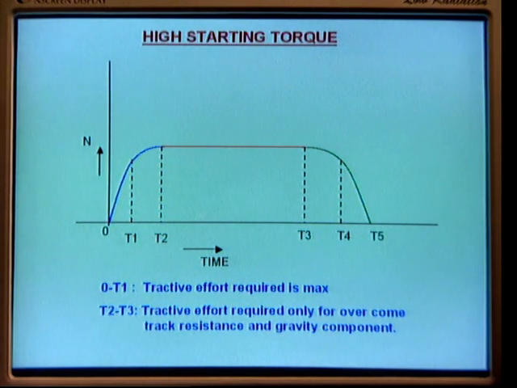From T2 to T3, even though it is running at high speed, it takes constant power from the overhead line, but the required tractive effort is small, only to overcome the track resistance and the gravity component. So if you design a traction motor, it should give high starting torque at starting. That is a main requirement in a traction motor.